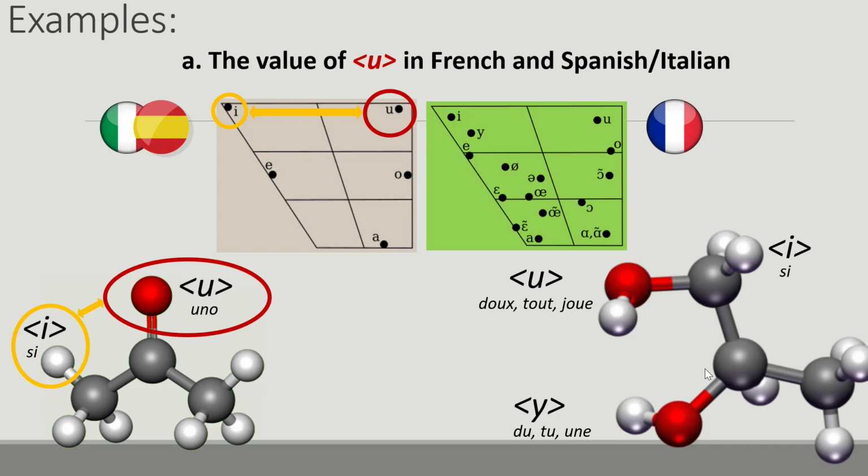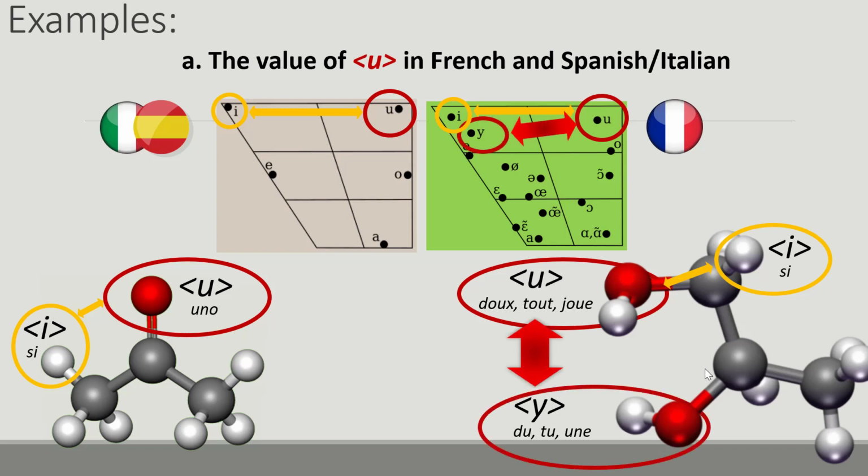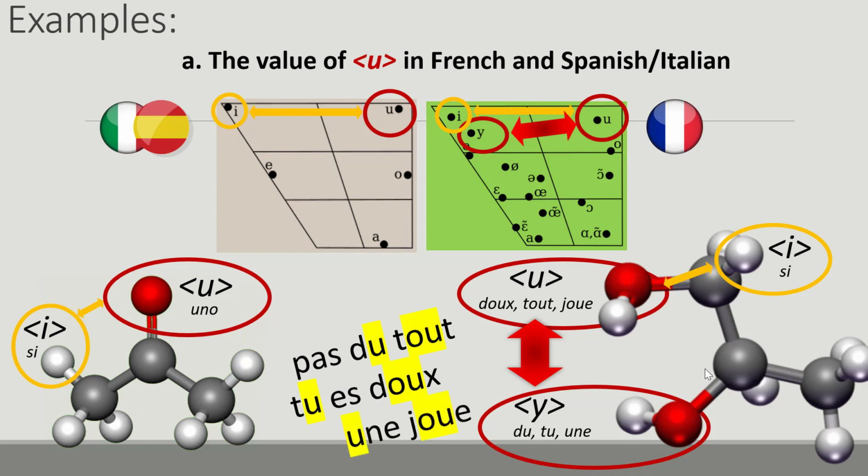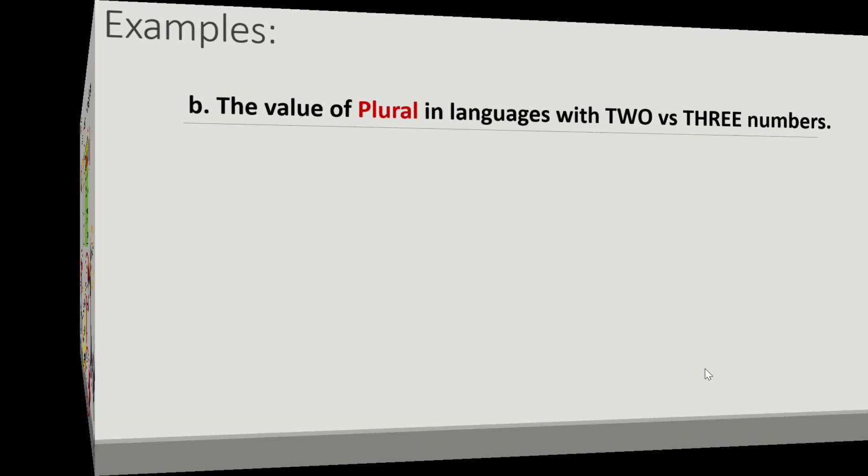In the French phonological system, the phoneme u, tu, du, joue, is opposed to the phoneme u, tu, du, un. Since in Spanish and Italian there is no such opposition, Spanish and Italian learners of French usually have difficulties distinguishing between the two sounds, like in pas du tout, tu es doux, une joue.